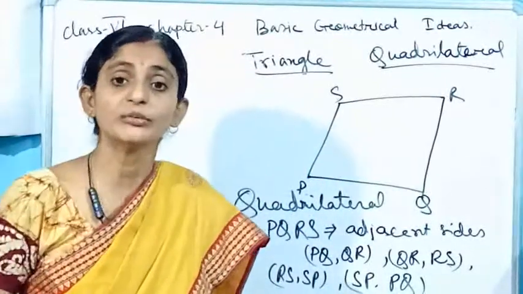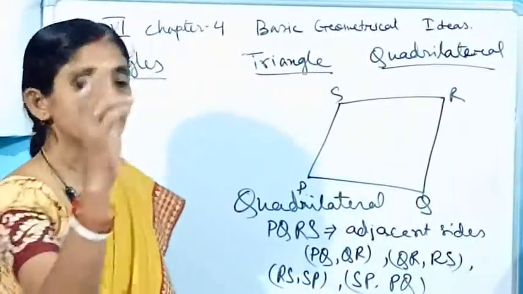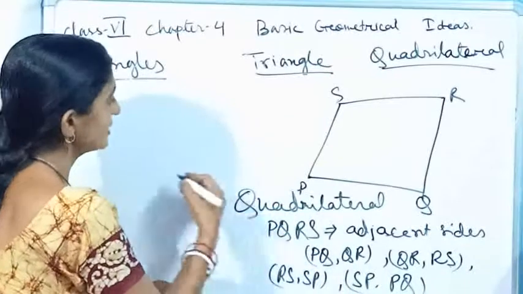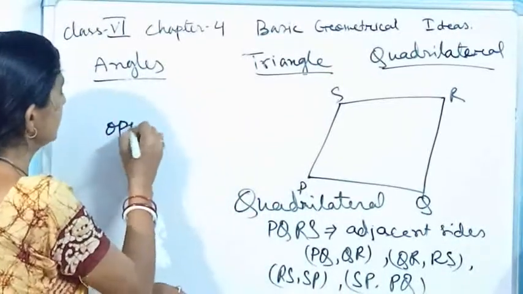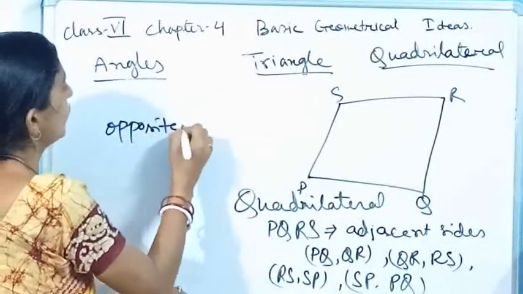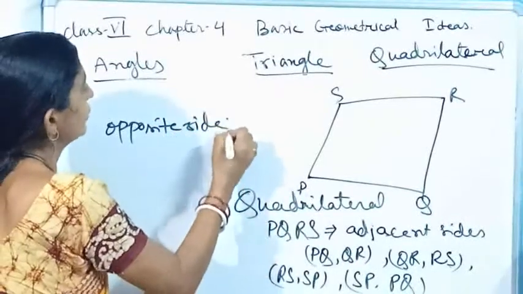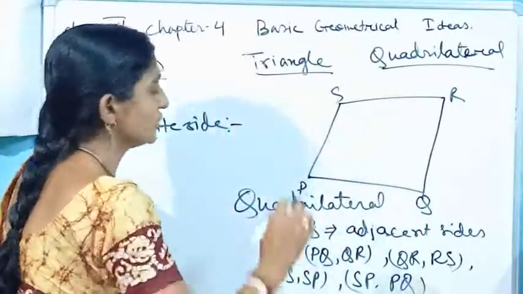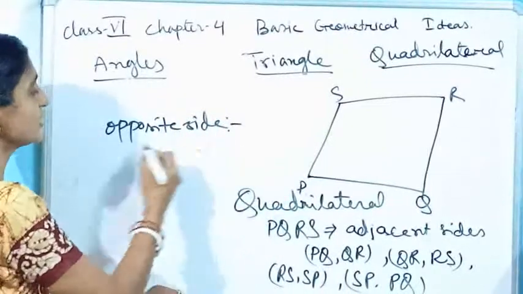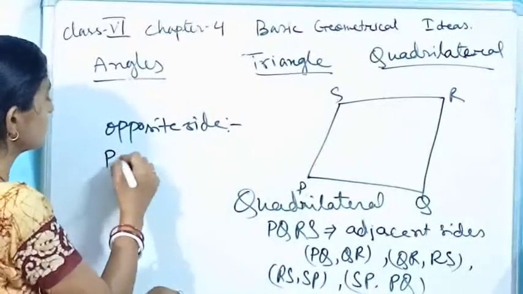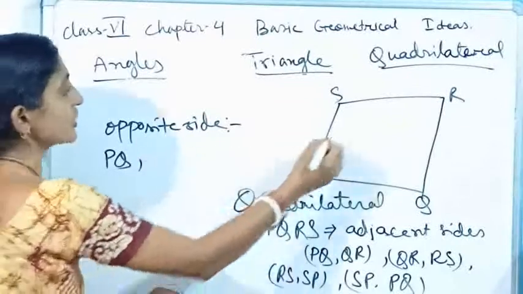So what will you tell me in the case of opposite sides? Let's write the opposite sides of this quadrilateral. What are the opposite sides you get here? If I take PQ, which will be the opposite side of this one?